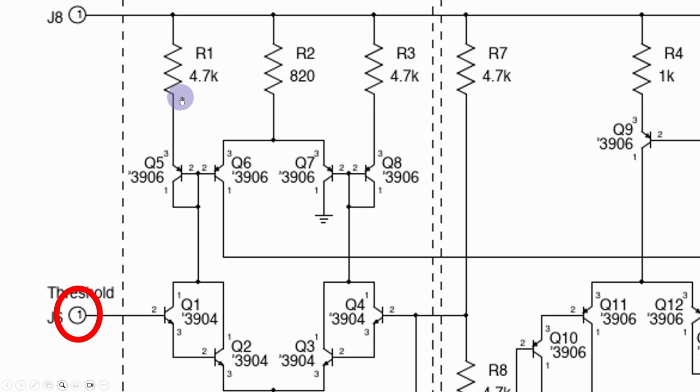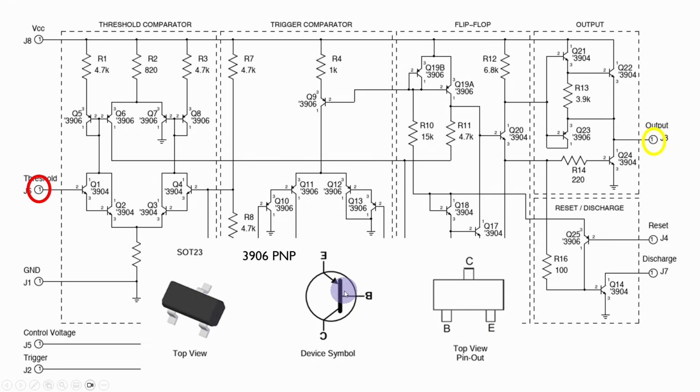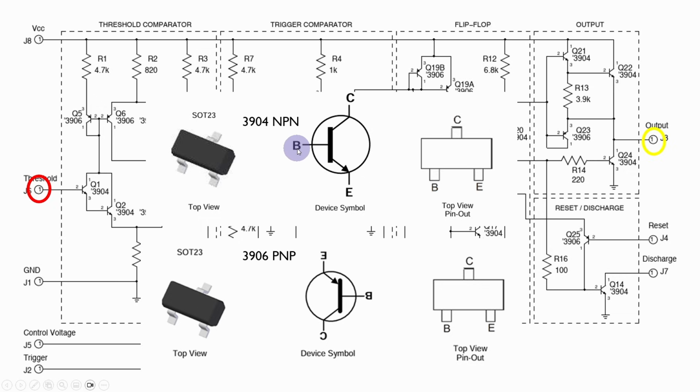So quite often the PNP device is used with the emitter on the top and the collector on the bottom, whereas the NPN is normally done this way. But by convention, we tend to show the diagrams this way round, which can be a bit confusing. I always found PNP transistors a little bit confusing. Fortunately, we don't generally have to worry about them too much within the scope of digital electronics.